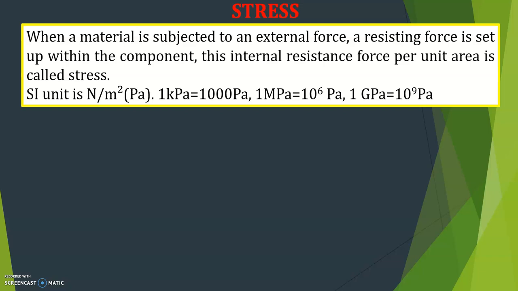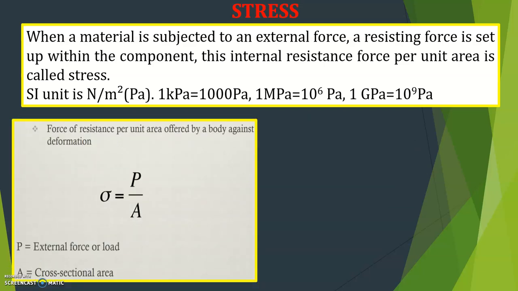Okay. Mathematically, stress may be defined as force per unit area. It is the ratio of force of resistance to unit area. Stress is represented by the symbol sigma. It is equal to load by area: sigma is equal to P by A, where P is the external force or load and A is the cross-sectional area.